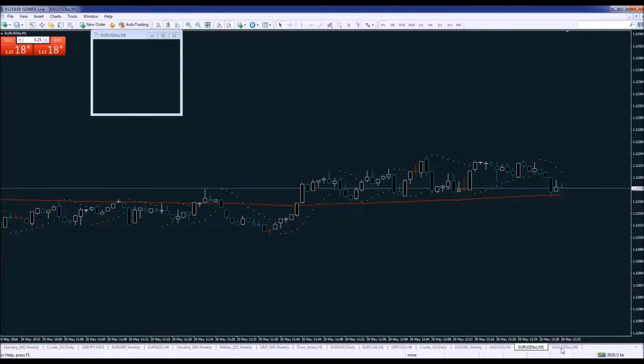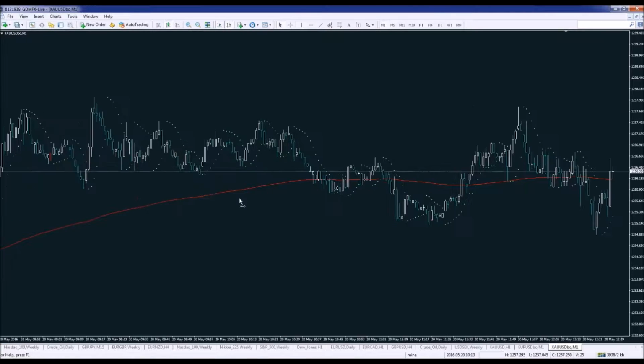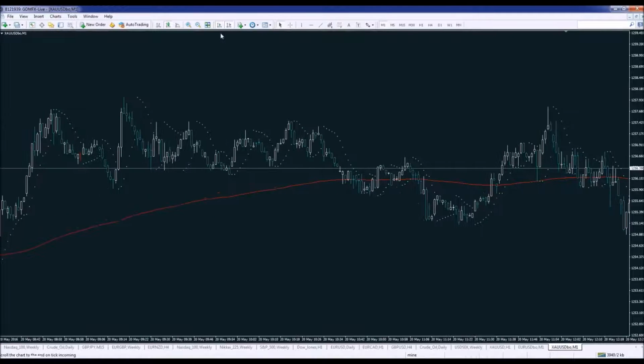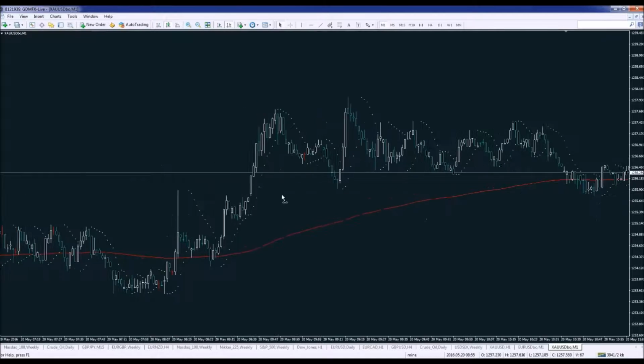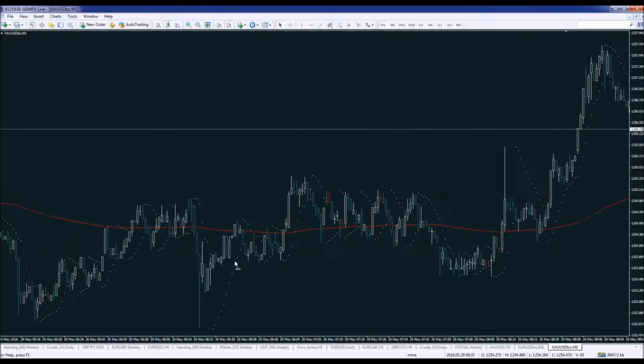I can give you multiple examples on different particular instruments. As you can see, the same conditions are here. Beautiful signals on the 1 minute chart. Also, rarely we will see some flaws, like one parabolic and then it changes direction.